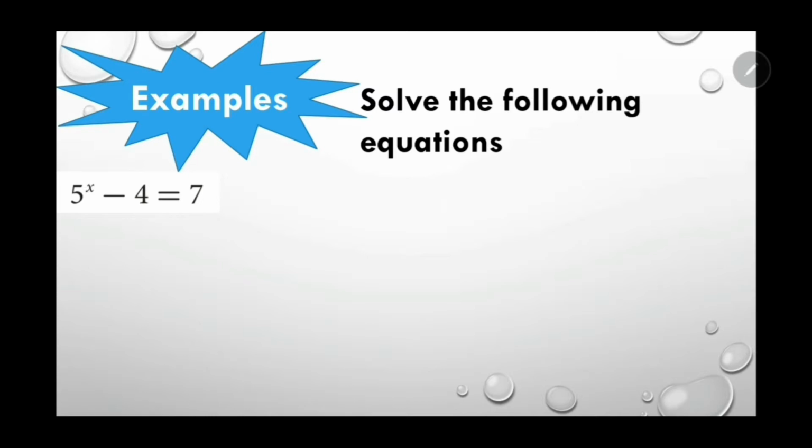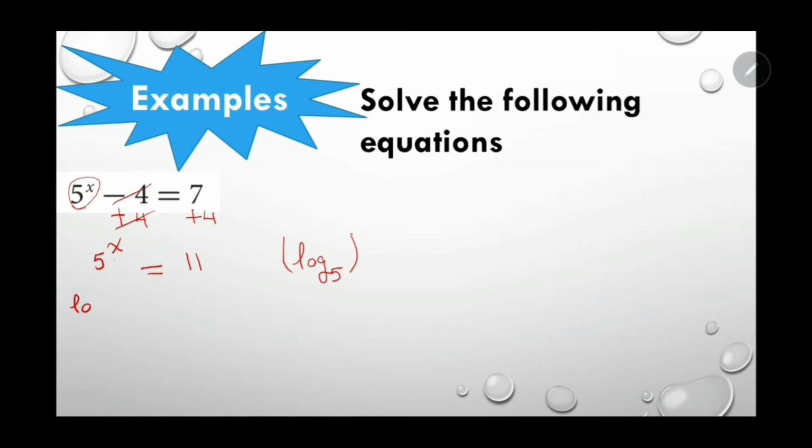Here is another example. 5 power x minus 4 equals 7. Here the exponent part is 5 power x. So we need to isolate it from the negative 4 by adding 4 on both sides. So on the left-hand side it would be 5 power x equals 11. Now to find x, we have to take log for both sides, and it's better to take log base 5.